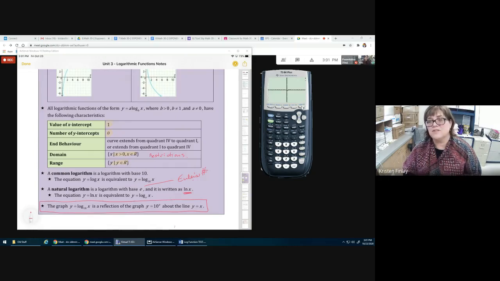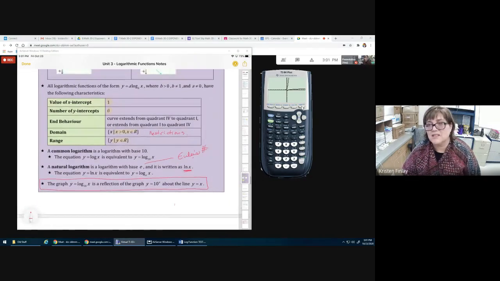So we graph those. The first one is our log, and our second one is our exponential function. That's kind of an interesting thing to look at in terms of how they're a reflection of each other. So if you folded it, you would get the same thing.